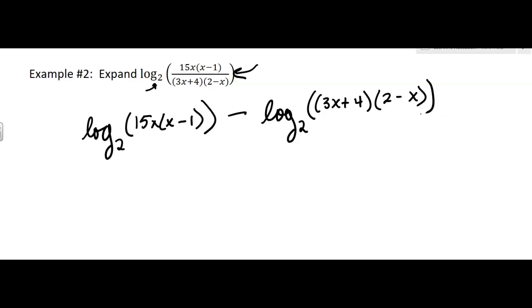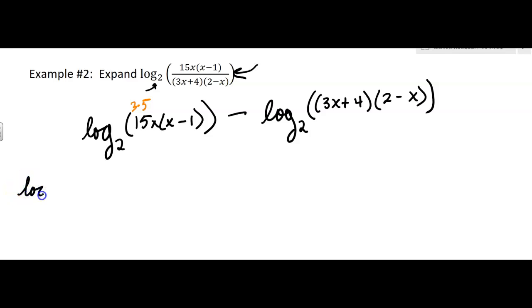Okay, now what we want to do though is split up the product part as well. So we used the quotient rule, now we want to use the product rule. So think of 15 as 3 times 5. So now I'm going to split all that up, and they're each going to get their own logarithm.